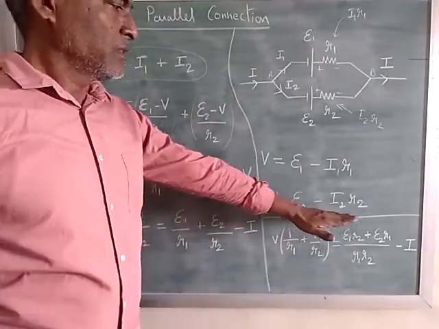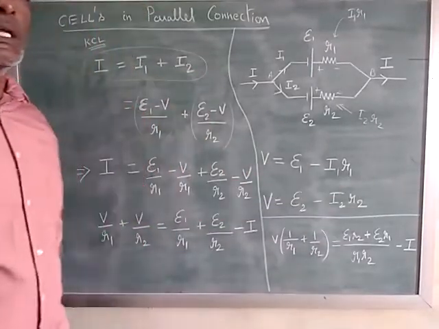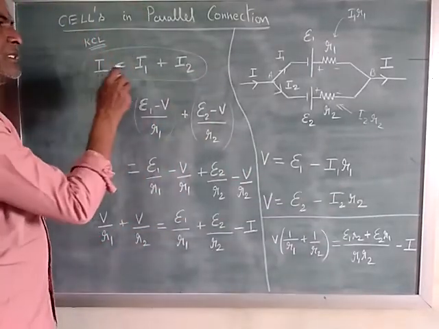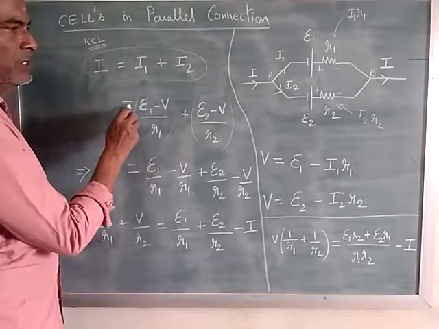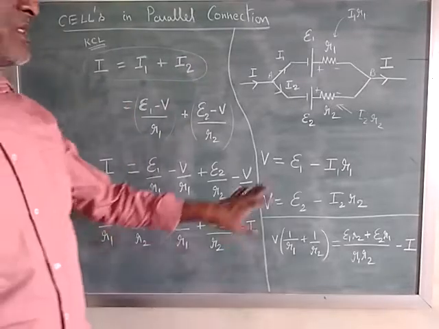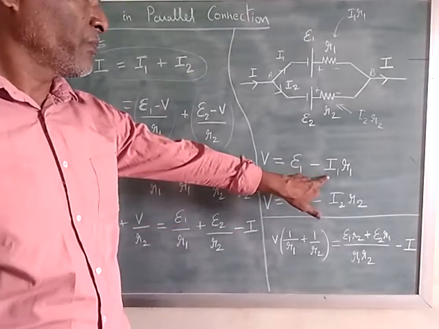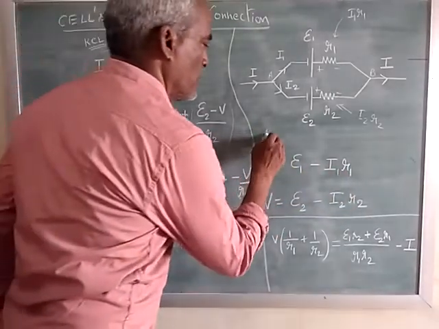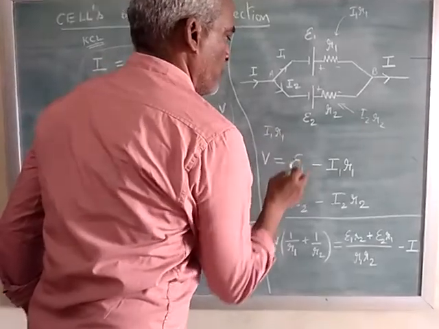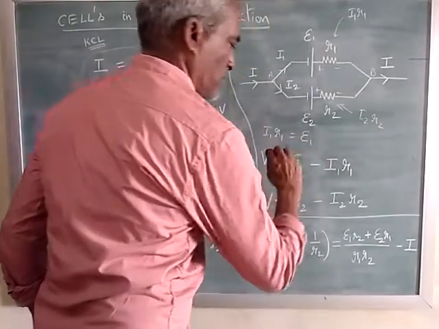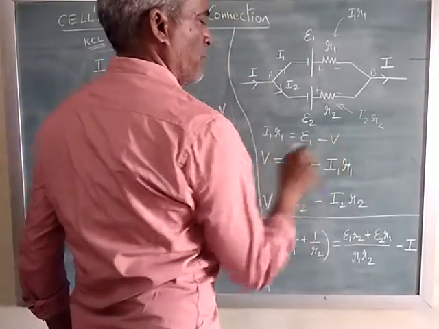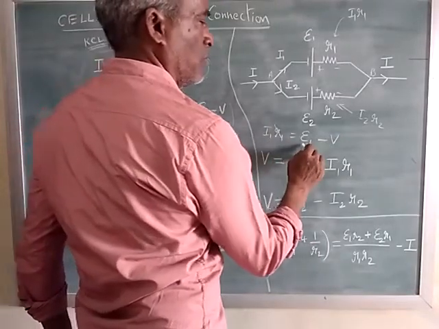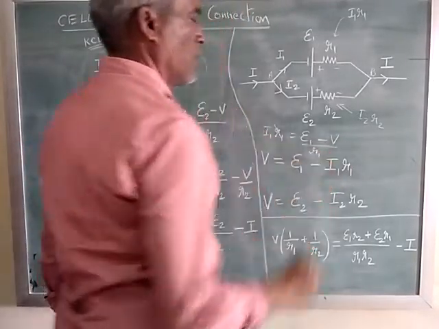After this, we will apply Kirchhoff's current law. I is equal to I1 plus I2. From this equation, what is I1? You bring this I1 R1 this side, so it will become I1 R1 is equal to E1, bring this V that side, minus V. And I want I1, that is E1 minus V by R1.